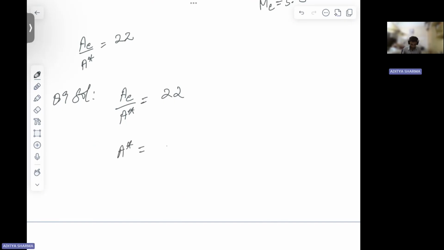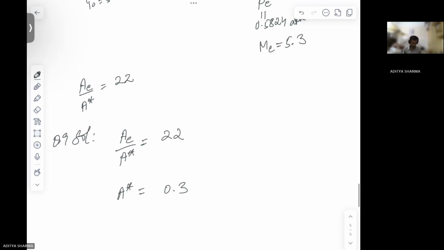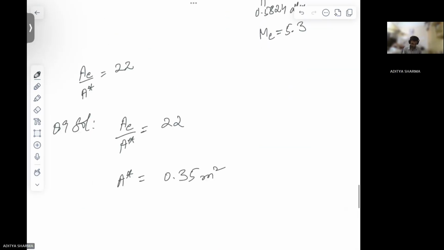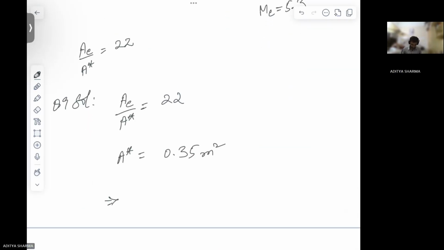A star is 0.35 meters square, implies A exit is 22 into 0.35, that is equal to 7.7 meters square.